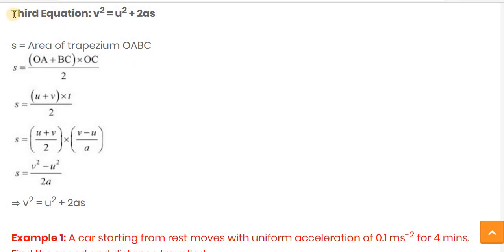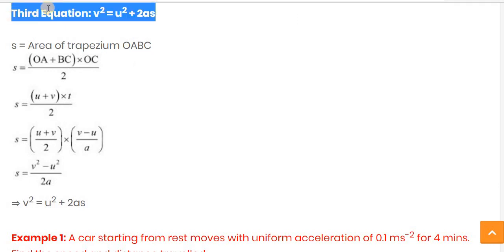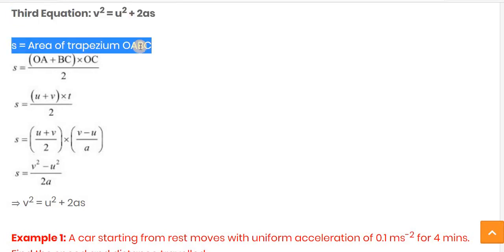Now the third equation of motion, that is V square is equal to U square plus 2AS. So here also the area of the trapezium, that is OABC.